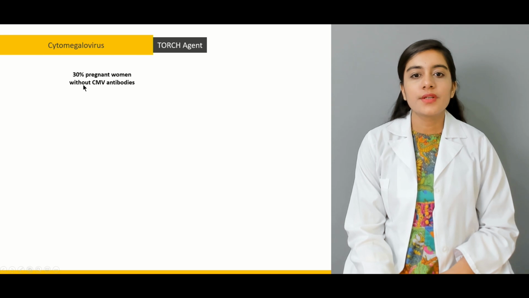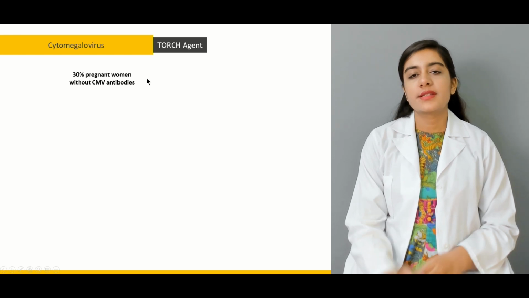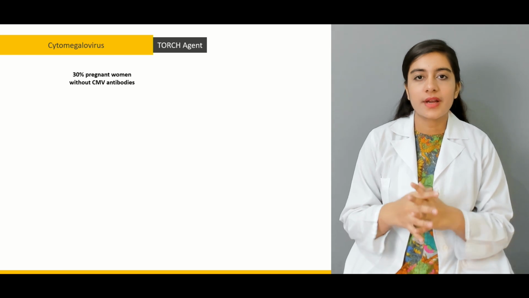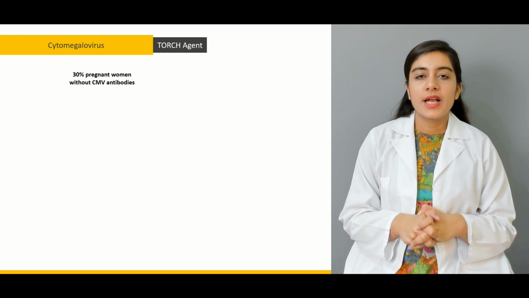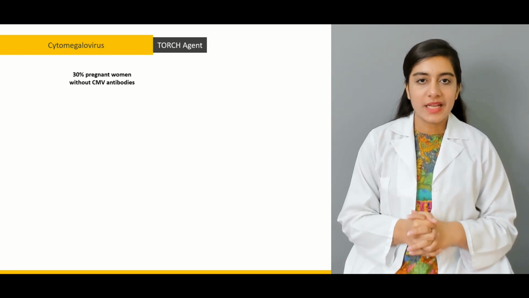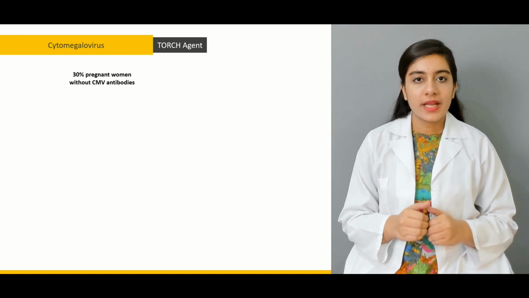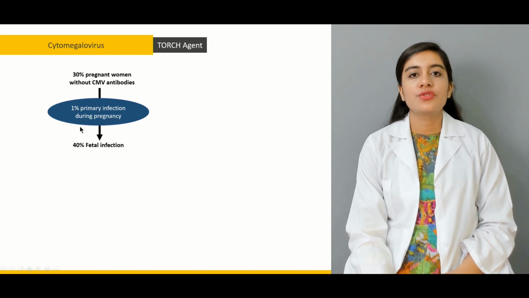So, 30% of pregnant women are without CMV antibodies. Here it is telling us that out of 100%, there are 30% of pregnant females who do not have any prior antibodies against cytomegalovirus in their blood. So, what can it do now? 1% primary infection during pregnancy.